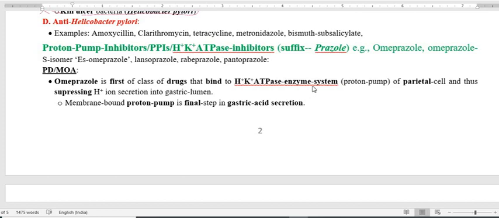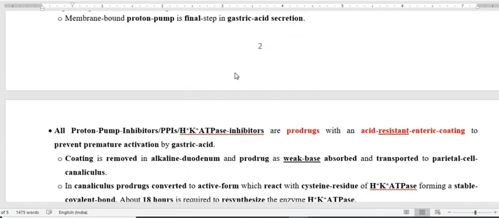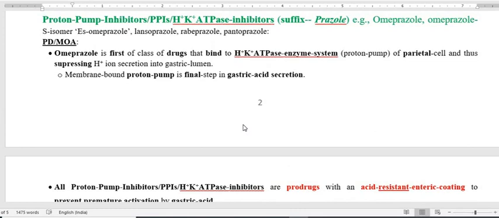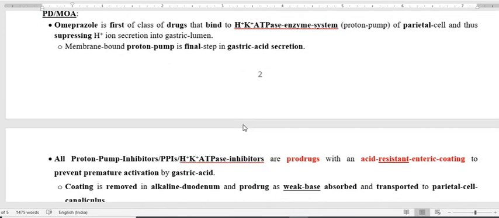When we are taking the drug, most of the drugs under this class are prodrugs. First important point, they all are prodrugs. Second important point is that they irreversibly bind with the enzyme hydrogen ion potassium ion ATPase.